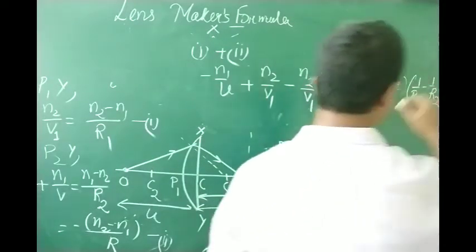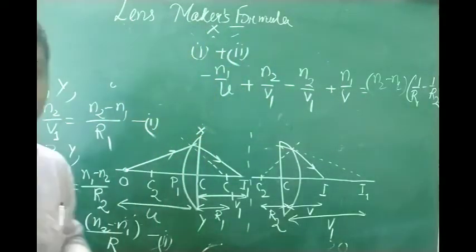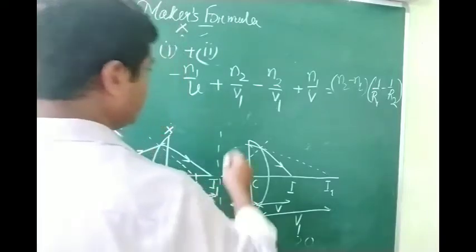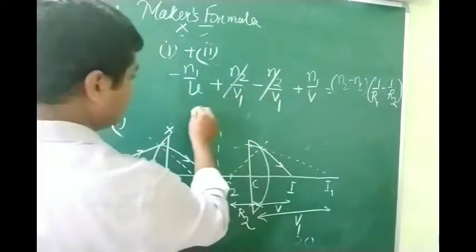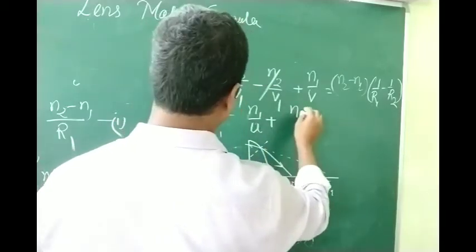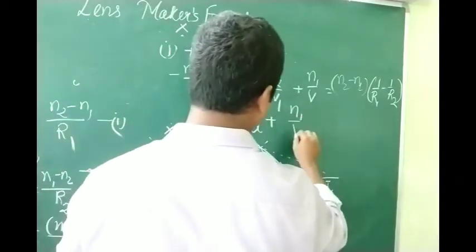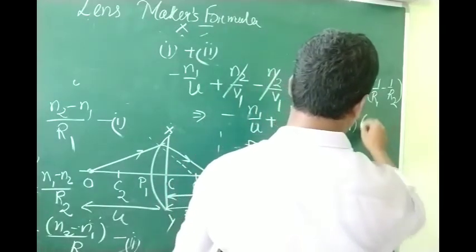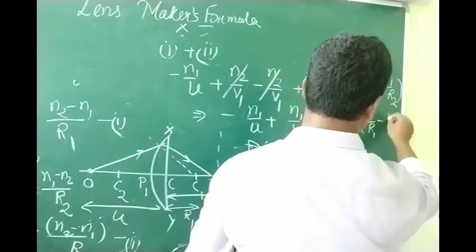You can see this from equations 1 and 2. Next you can see these terms get cancelled. So it will be minus n1 by u plus n1 by v equals n2 minus n1 into 1 by R1 minus 1 by R2.